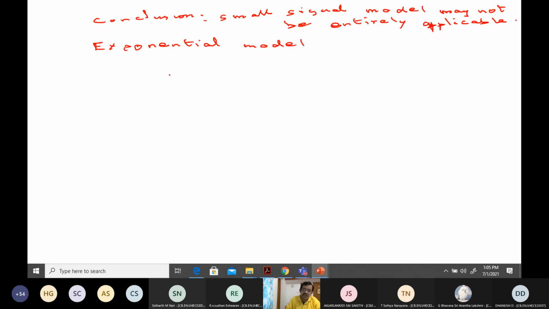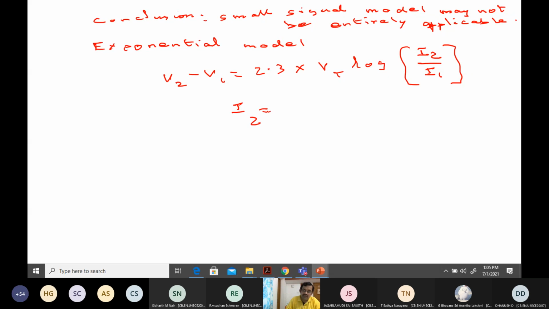and the exponential model tells us that V2 minus V1 equals 2.3 into Vt log of I2 by I1. I2 is now 7.9 minus 2.1 milliampere, that is 5.8 milliampere, and I1 is 7.9 milliampere.